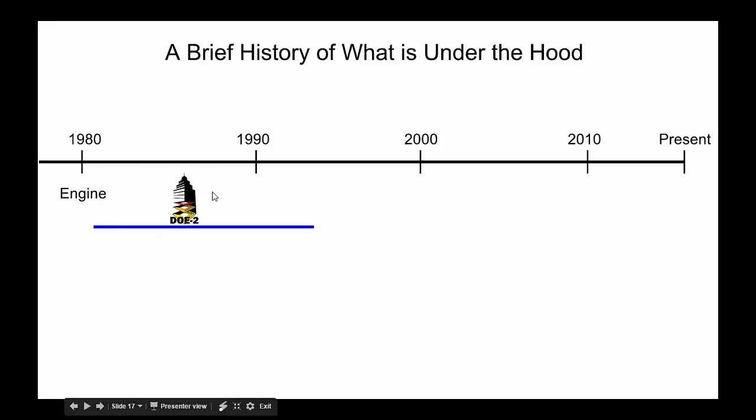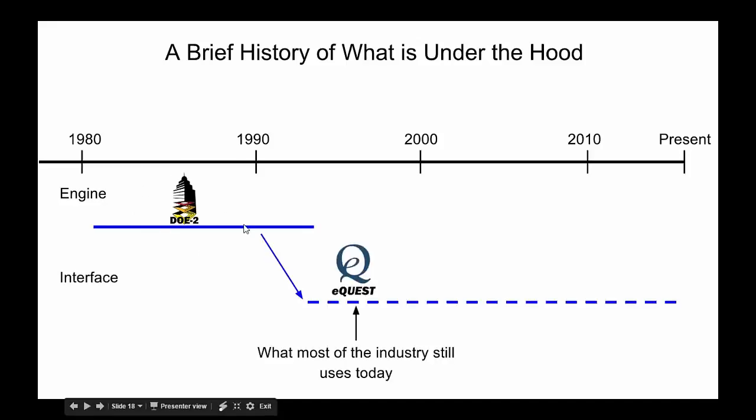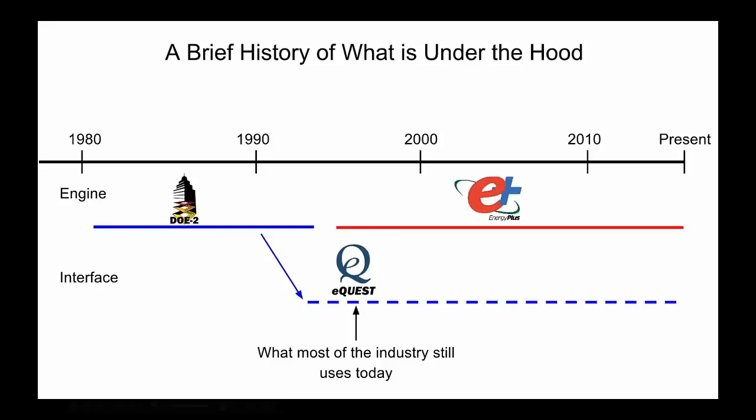It's an engine just like DOE-2, which most of the industry still models a lot of stuff in, with an interface called eQuest, which was developed back in the 1980s and then by 1995 was set and became the industry standard. And this is what most of the industry still uses today. But starting in 1995, we have EnergyPlus, which is the engine that we're using. That's been in development now for, wow, that's almost 30 years. So it's been a long time, is that right?